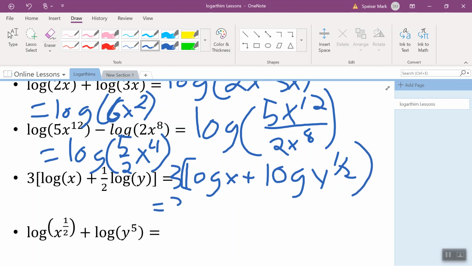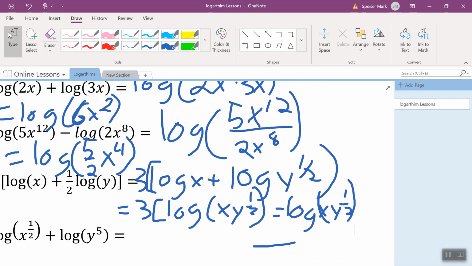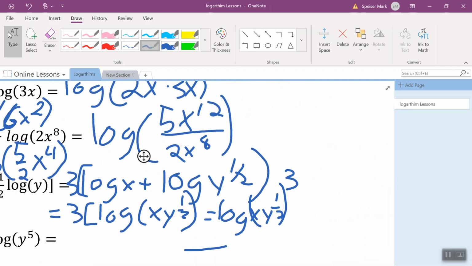Then it's 3 times log of x, y to the half, which equals log of x, y to the half, whole thing raised to the 3rd. And let's simplify it a little more.